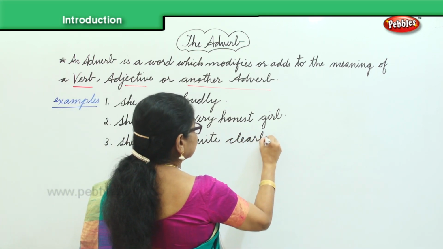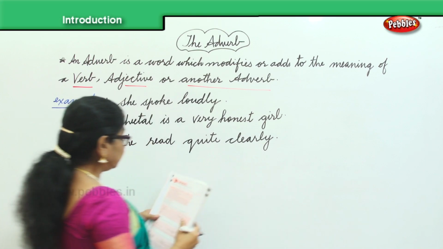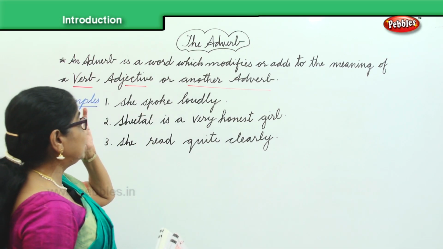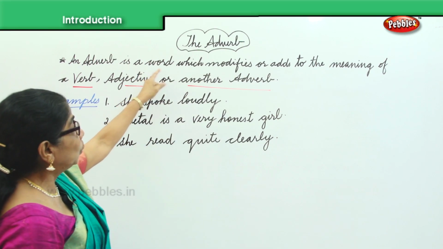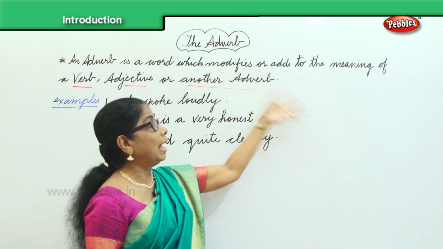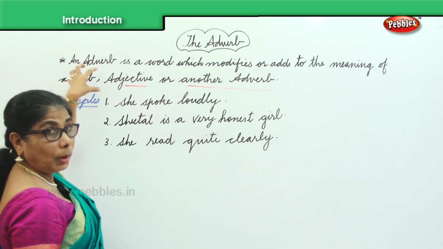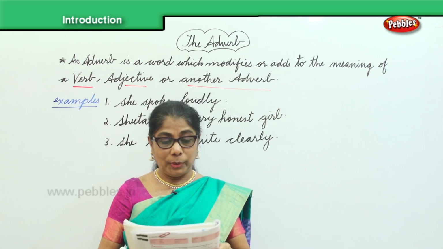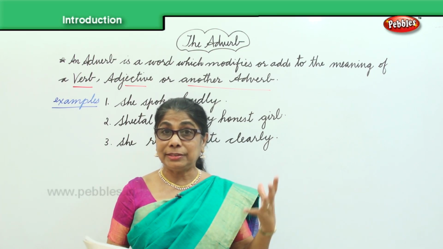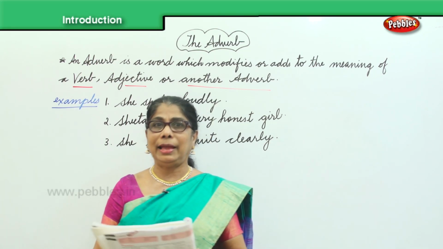Now, let's look at each of these sentences and find out which word it modifies and adds meaning to: verb, adjective, or another adverb. That's what we are going to look at. First of all, let's identify the adverbs.